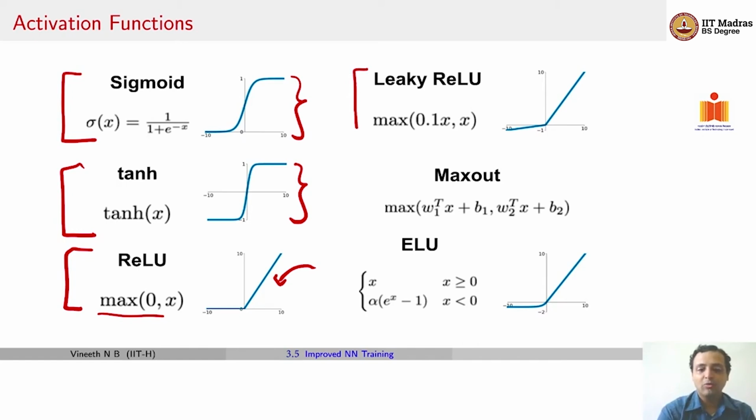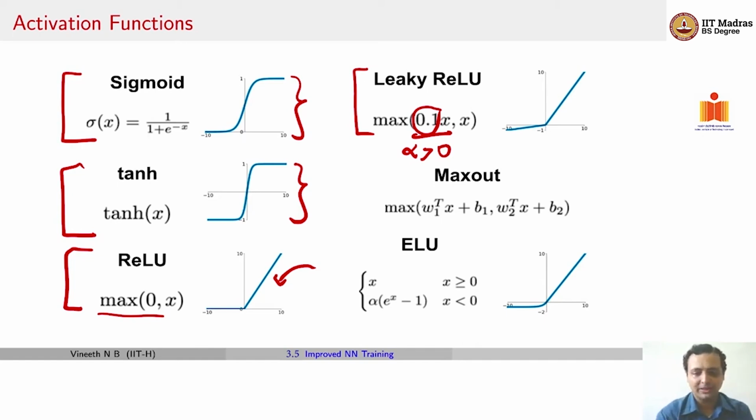A variant of ReLU is known as leaky ReLU, where when the input is negative, your output is going to be 0.1x. 0.1 is just an example. This could be any value alpha, which is reasonably close to 0. It's not 0, but it's somewhat close to 0. There is a particular reason why leaky ReLU was proposed, and we'll see that in some time.